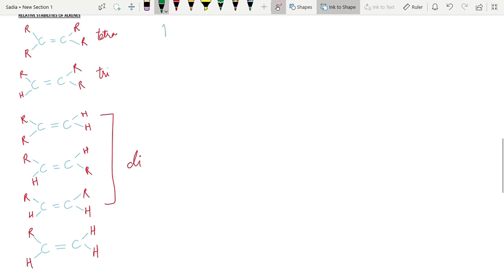Tri substituted is less stable than tetra. Then in di, this one in which they're on the same carbon atom, this is more stable. Then trans is more stable than cis. Okay, and mono substituted is also less stable.